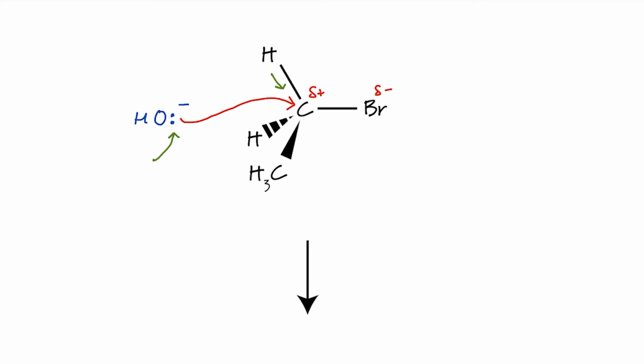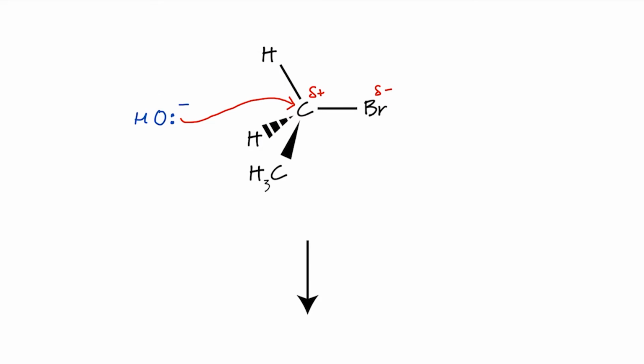So always put in your delta plus and delta minus, your lone pair of electrons from your nucleophile, and we've drawn our curly arrows accurately. Okay, I'm just going to remove my little green arrows because otherwise it's just going to make my picture rather messy.